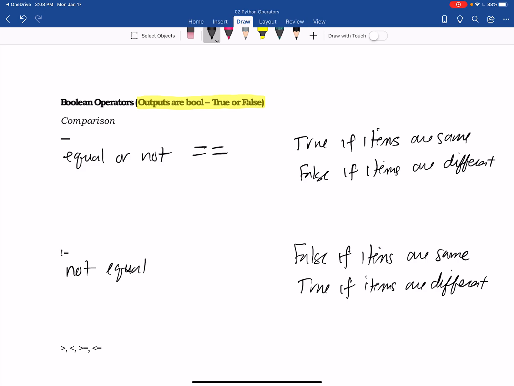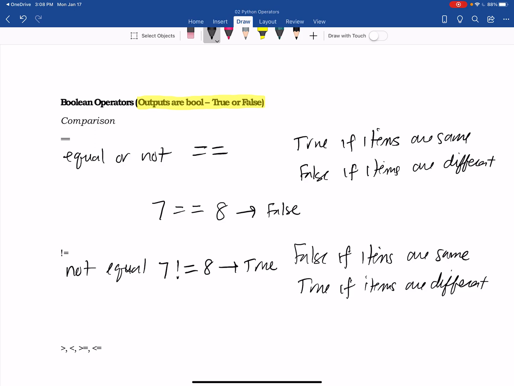So let's pick two things. Let's pick 7 and 8. 7 and 8 are not the same. If I do 7 equals equals 8, this is going to return false because these two are not the same. If I do 7 exclamation point equals 8, this is going to return a true because they're not the same.